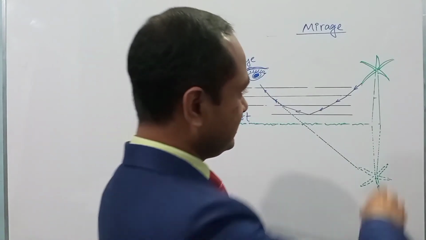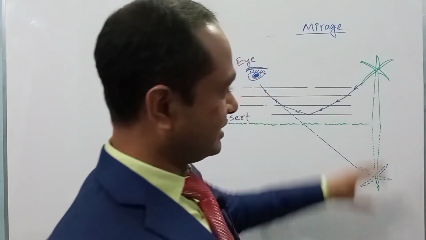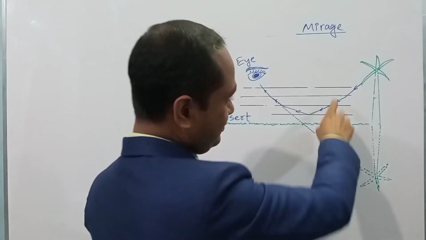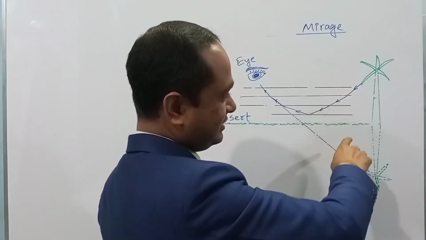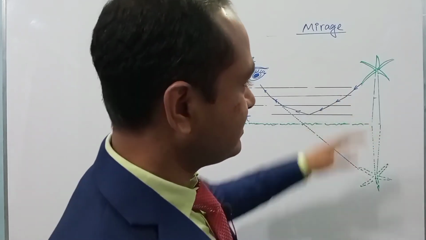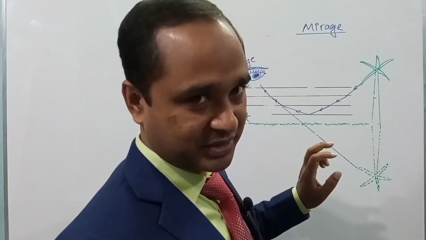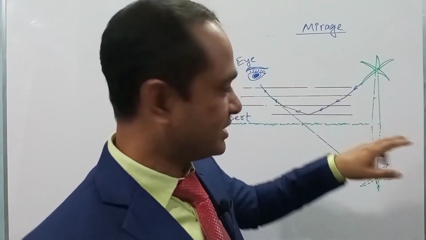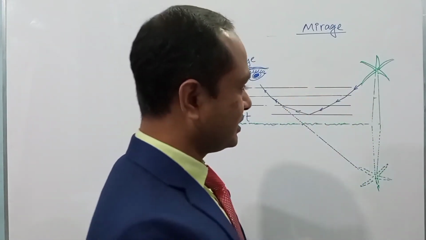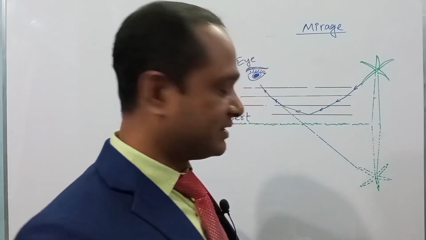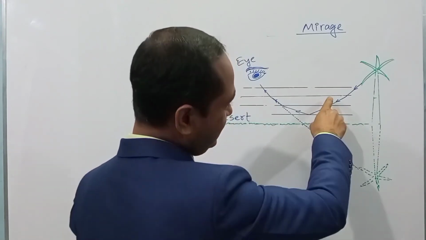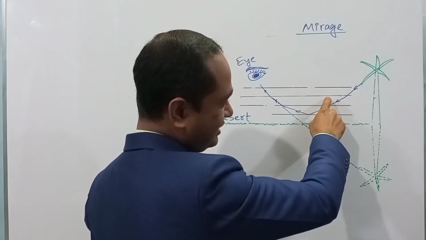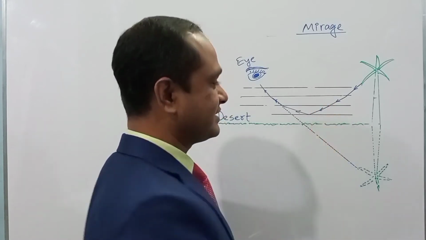So when light enters from any object or any tree to the fourth layer, and when it passes from the fourth layer to the third layer, we can say that light is entering from a denser medium to a rarer medium, because this layer is denser than this layer. So when light enters from a denser medium to a rarer medium, according to refraction, light will bend away from the normal, and when light enters from the third layer to the second layer, the same phenomenon will happen.